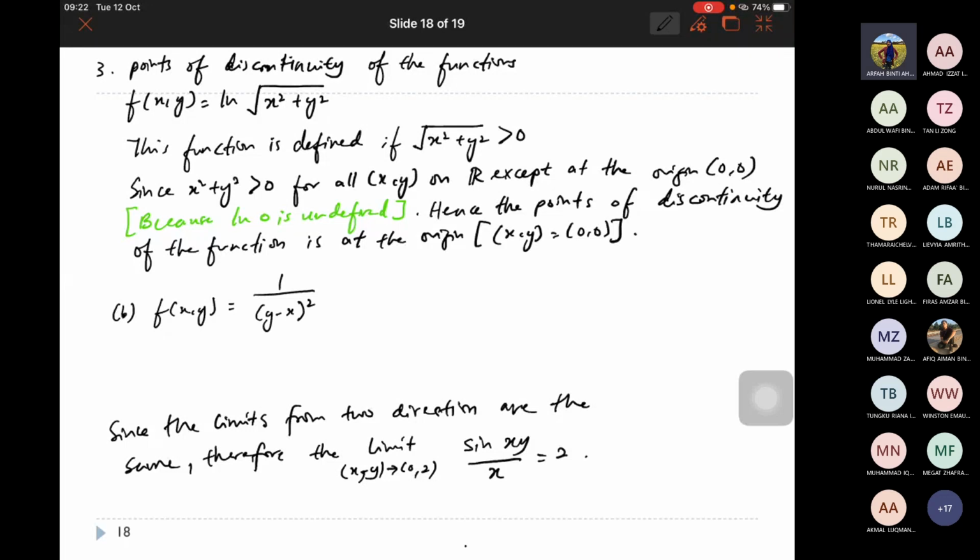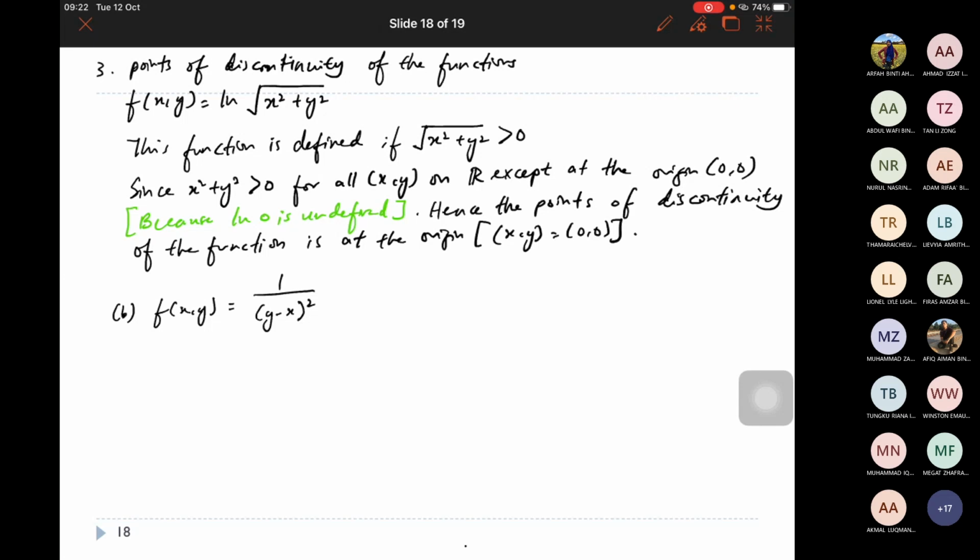So dekat mana dia punya point of discontinuity? Ada yang dapat? Soalan B. Kudin.